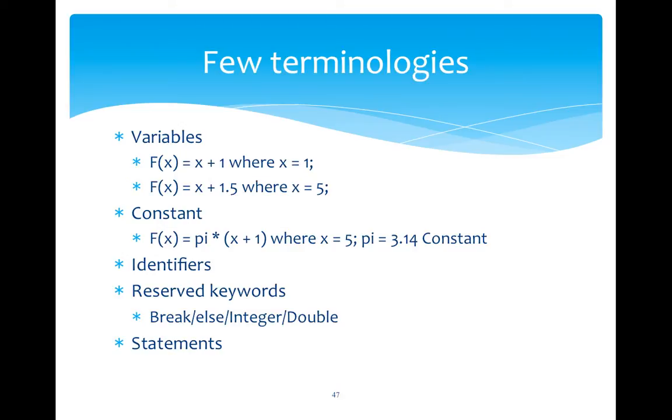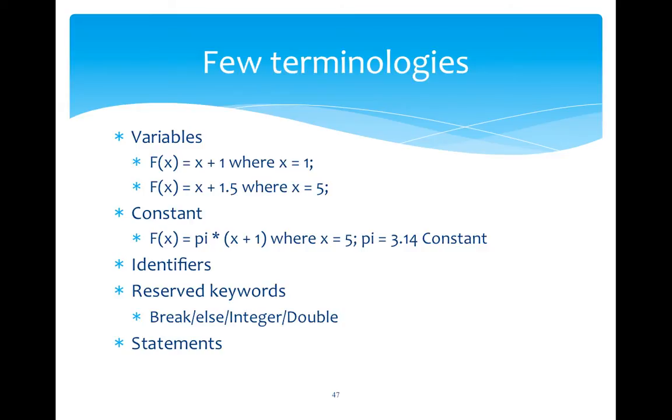But when we define identifiers or a variable, we cannot use these reserved words. I mean, in programming language, a few are reserved keywords which we cannot use while writing a program for defining our identifier.